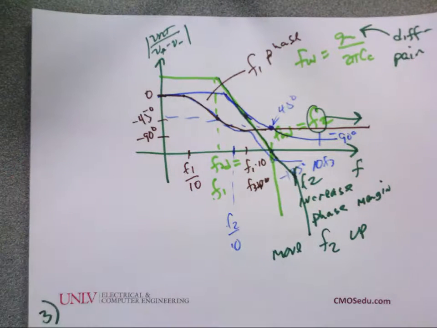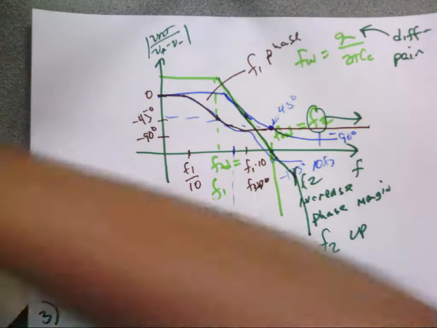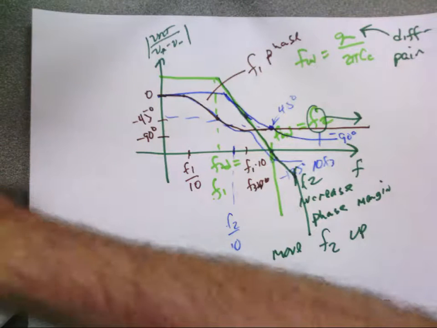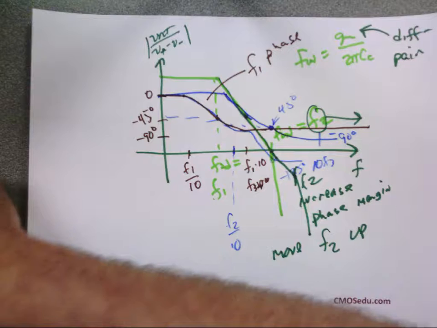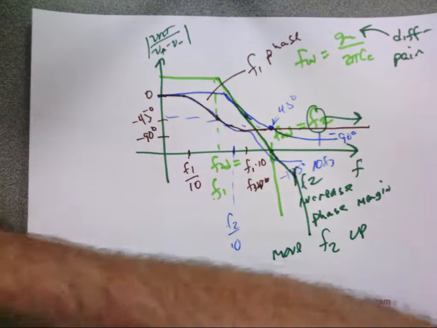Why don't we pause and I'll show you what I'm talking about. And you ask, well, before I do that, how do I move F2? Let's look at the equations from chapter 21. Let's see what determines F2.